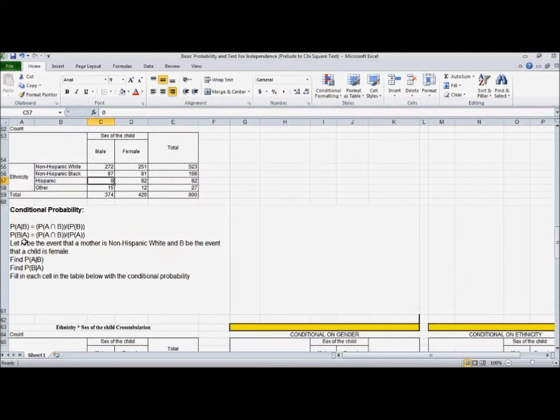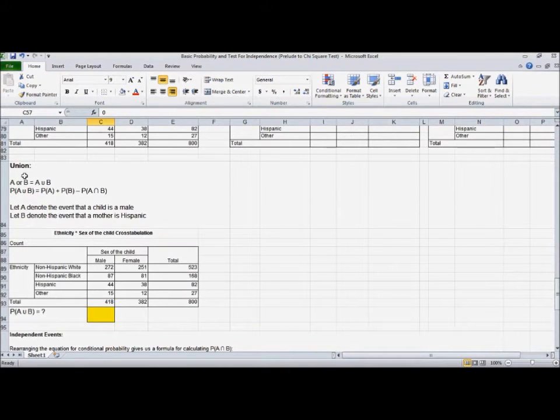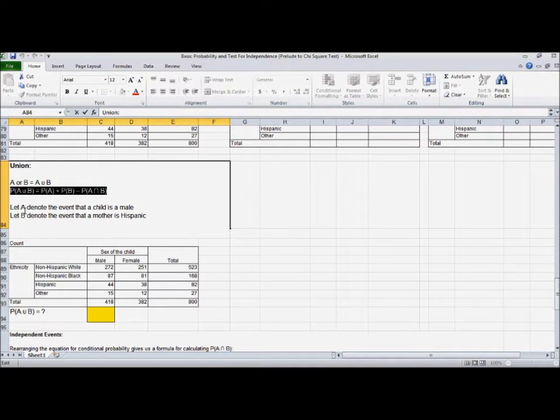This becomes important when we will go into calculating union of events, because if you look at this formula here for union, we see that A or B, we can see that this is the formula for union.